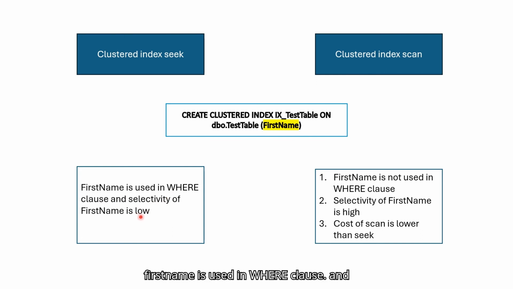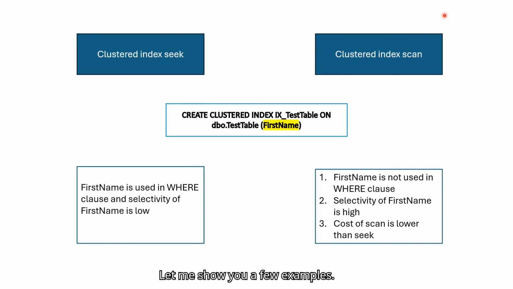If first name is used in the where clause and the selectivity of first name is low, an index seek is used, selecting only a particular row. On the other hand, a clustered index scan is used when first name is not used in the where clause, of course, or the selectivity of first name is high, or the cost of a scan is lower than a seek.